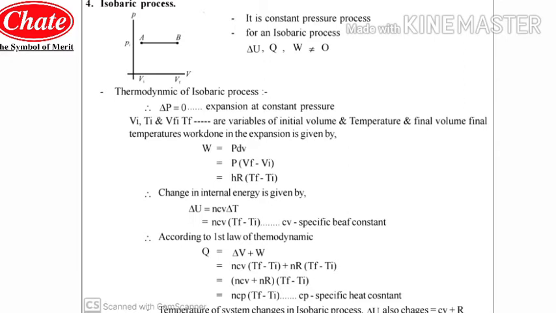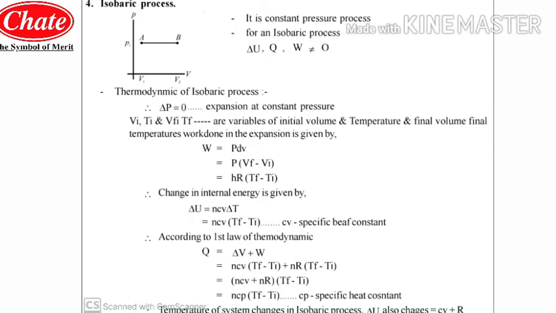Now according to the first law of thermodynamics, we know that Q is equal to delta U plus W. So the value of delta U is nCv into Tf minus Ti, plus the value of W, which is nR into Tf minus Ti. So these are the two equations, we have the two values of delta U and W, and we put them in the first law of thermodynamics equation.